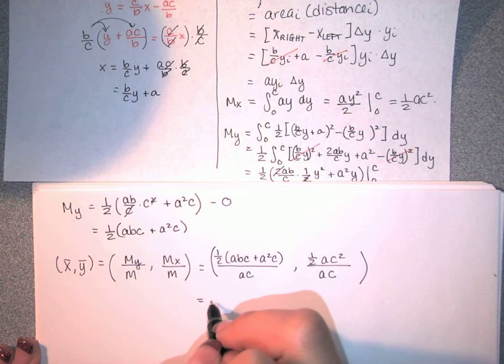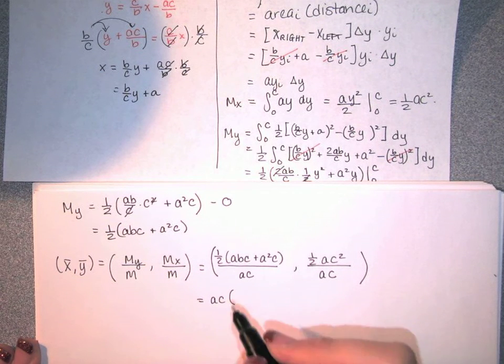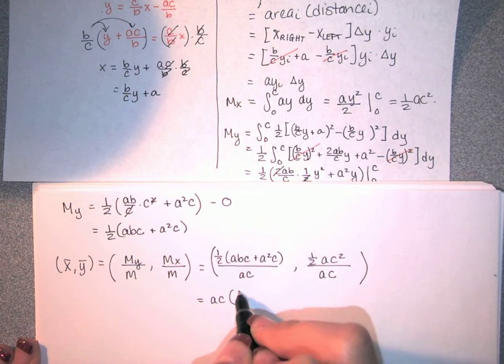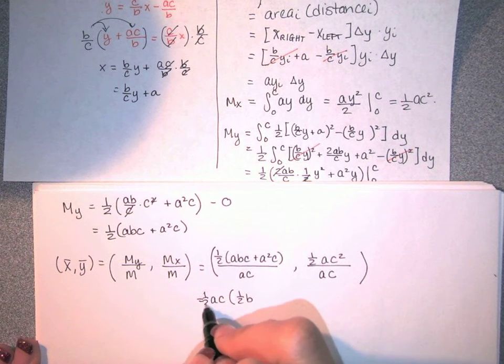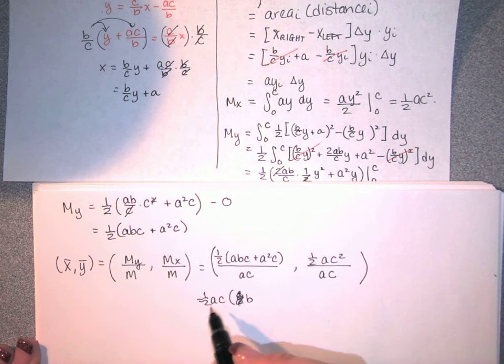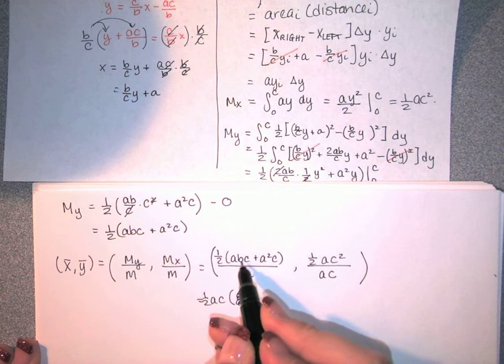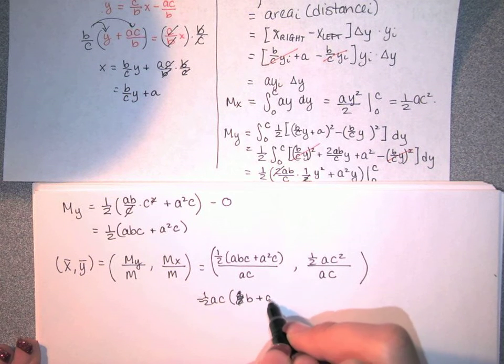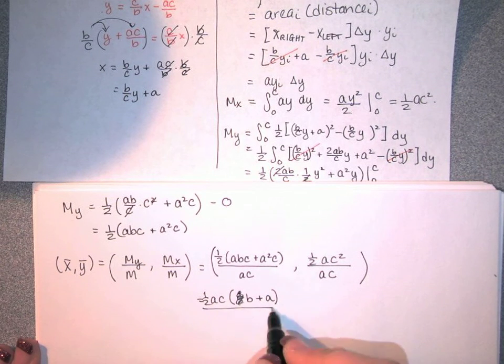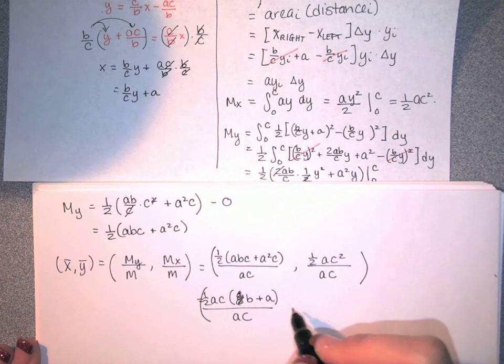So an AC is going to reduce from both of those. I'm going to factor it out. I get AC times 1/2 B. Or actually, let's keep the 1/2 out front too. I have 1/2 AC times B plus, if I factor out an AC, I'm still left with an A in there. All of that's divided by AC.